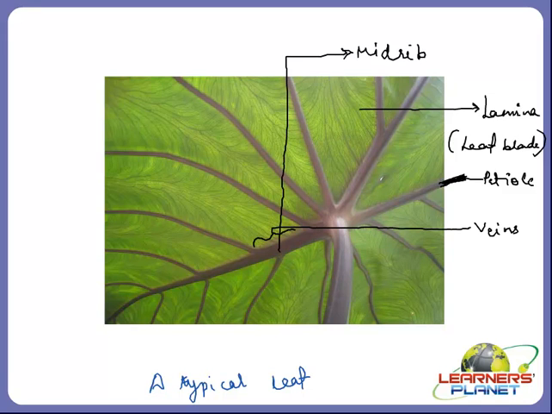So it is a continuation of the petiole, and the lowermost part of leaf is known as leaf base, right? So leaf base, or it is also called as the petiole, which is attached to the stem node, right? So these are the parts of the leaf: midrib, lamina or leaf blade, petiole, and veins. Here you can see that these are veins of the leaf, right?